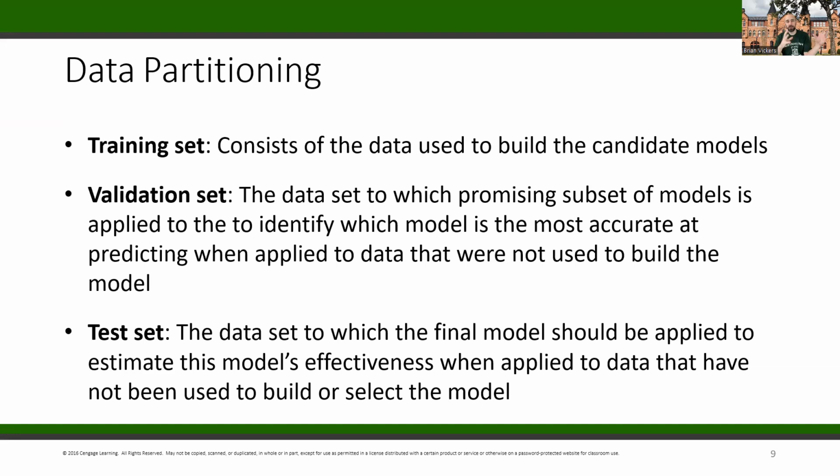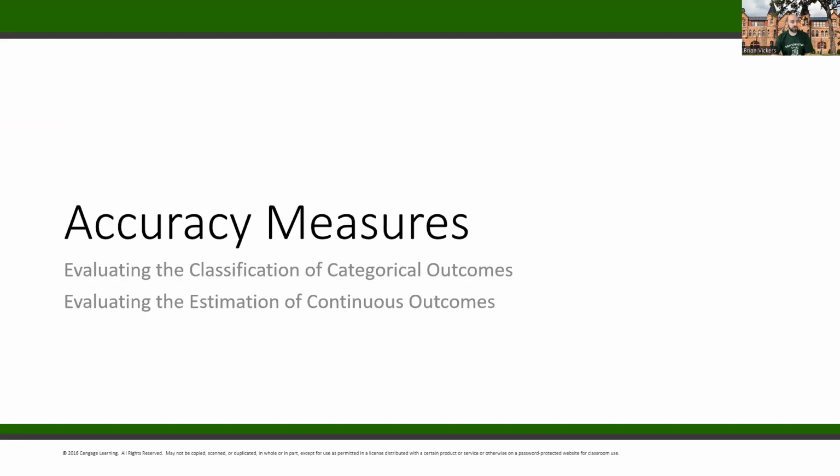So basically it's 3 sets and you narrow it down from as many models as you can think to build, with whatever combinations of variables you want to include, narrow it down to the most promising ones, run it again. The most promising of that, you run one time with a 3rd set of data. But it helps to ensure that you didn't create a model that only works for one set. It has additional use in the future.